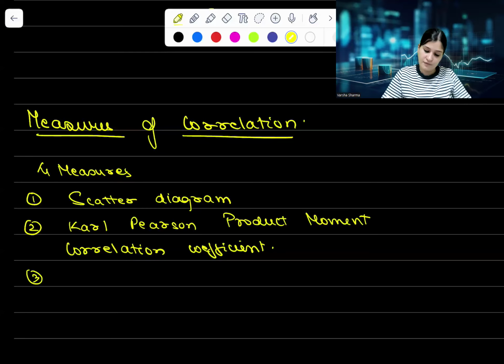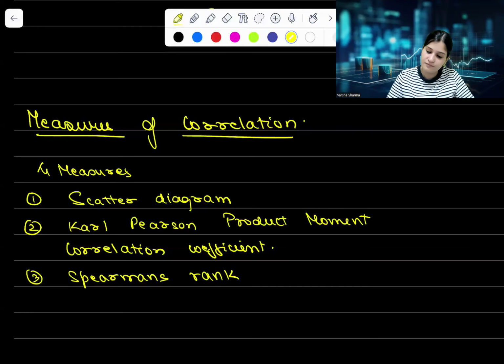Third, Spearman's rank correlation coefficient.